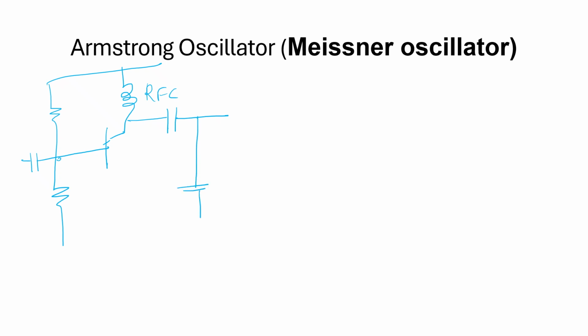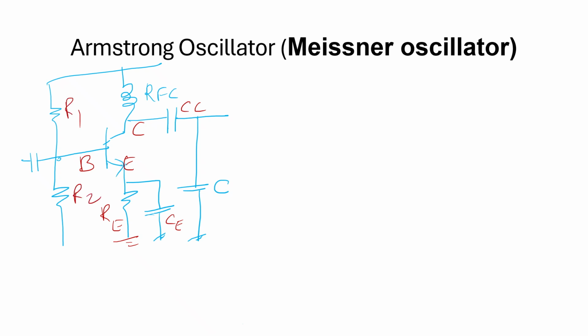Output capacitor, the other capacitor grounded, the emitter with the output capacitor, the coupling capacitor, C, B, and E. RE is the emitter resistor, C is the emitter capacitor, R1 and R2 are the voltage divider biasing circuits.